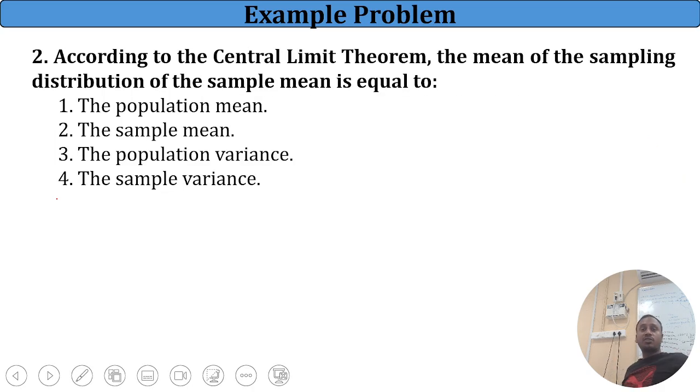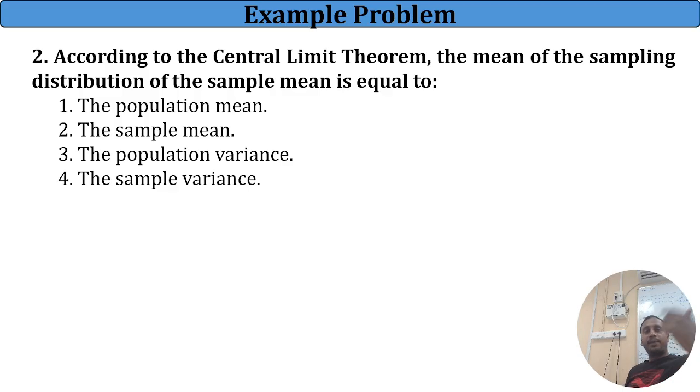Okay, so now the second question. According to the central limit theorem, the mean of the sampling distribution of the sample mean is equal to... again the last question, and here a bit of difference is there. Just try to think and then tell. Sample means, sir.